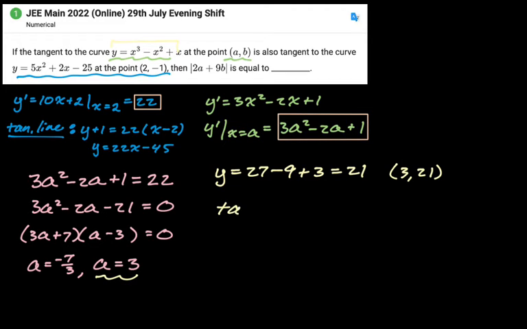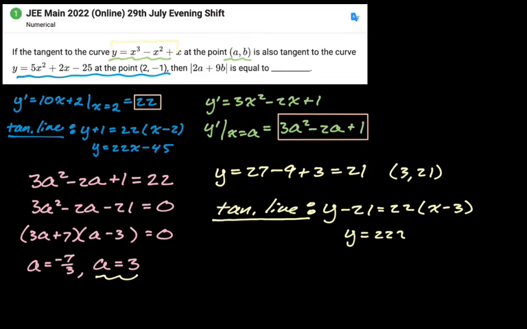We already know that the slope is 22. I mean, that's the whole premise. So it's going to be y minus 21 equals 22 times the quantity x minus 3. I'm going to rearrange this. You might look at that and just say yes, that is the tangent line, but I'm going to do the work anyway. So I get this, and those are the same.